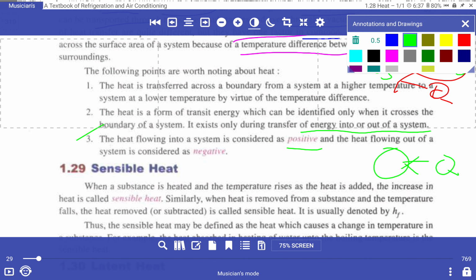If it is out from the system, it is negative. Q is negative. Those are the things that we need to consider.